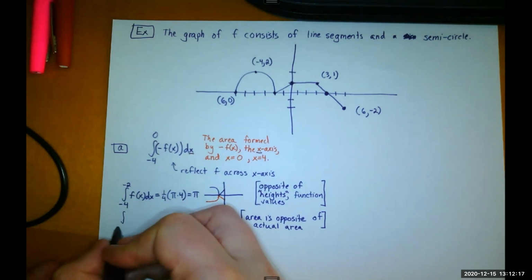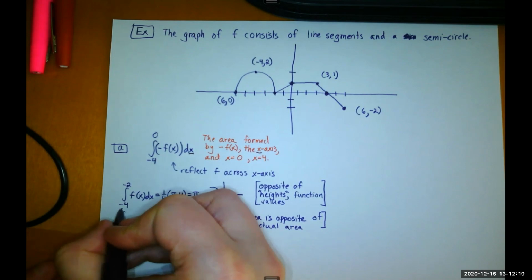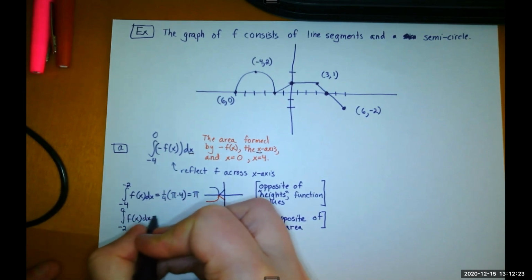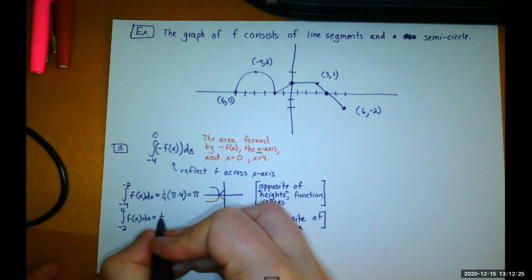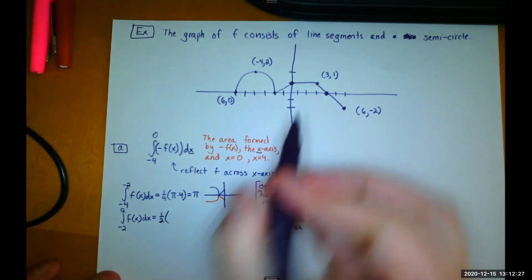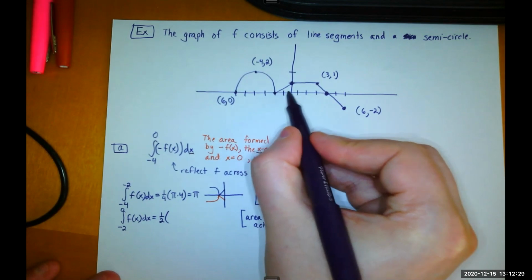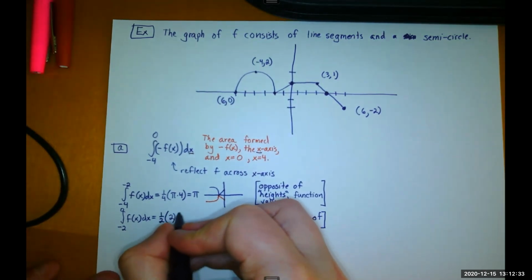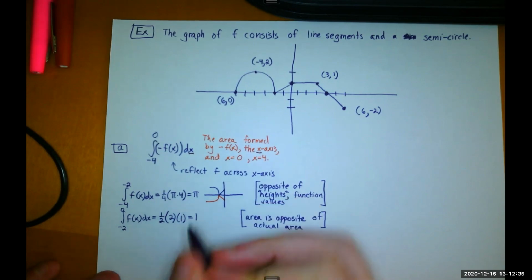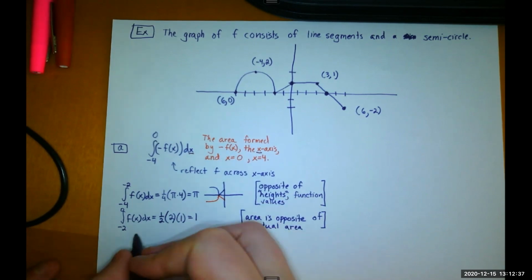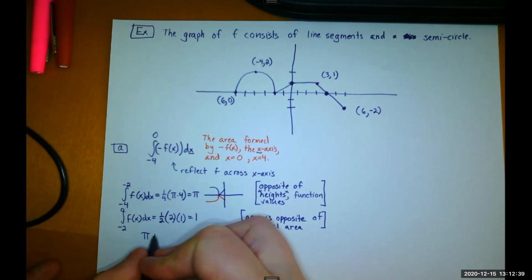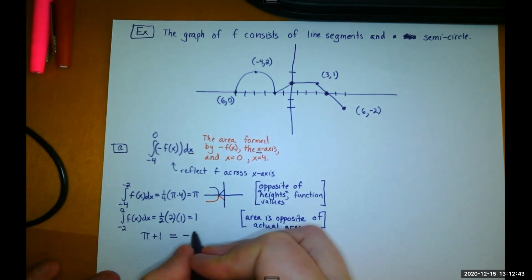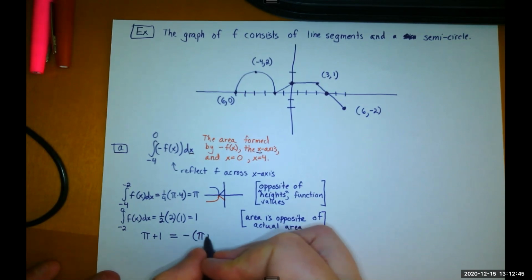The definite integral from -2 to 0 of the function f of x, that's a triangle, so that's 1/2 base times height. The base goes from x equals -2 to x equals 0. So that's 2 units, and the height is 1. So that's 1. So the area is pi plus 1, but I take the opposite of that area.